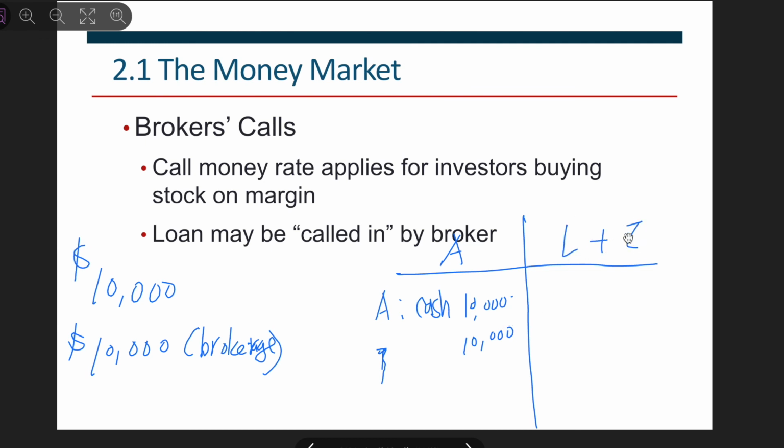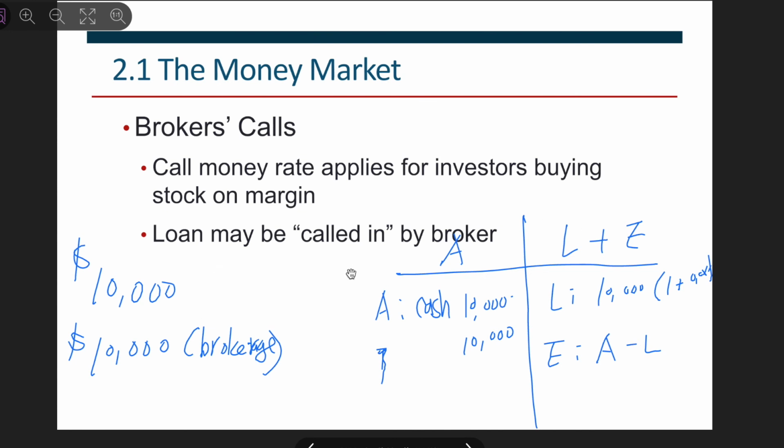In the liability and equity, we have the liability of $10,000 to the brokerage, and we have to pay not only the principal but 1 plus some interest rate. And we have the equity, which is A minus L.